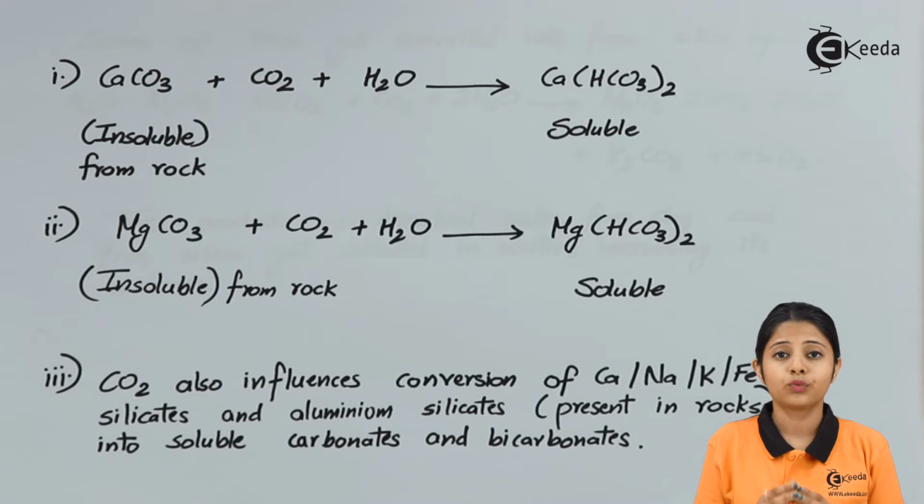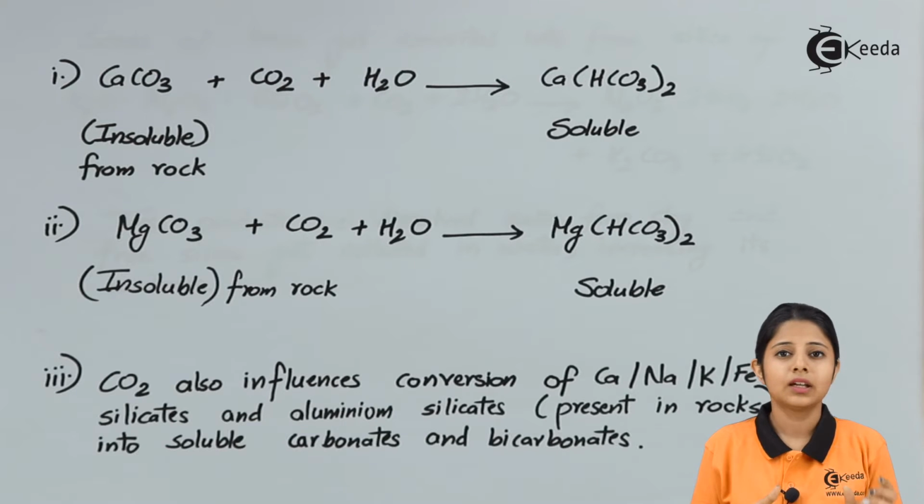But now, if the water contains CO2, a little amount of CO2 as well will pass through the rocks, and now the CaCO3 will get inside water, then that CaCO3 will start reacting with CO2 which was already present in water. And because of this reaction of CaCO3 and CO2, they form something which is soluble in water. Now this soluble impurity will increase the hardness of the water, or it will contribute to the hardness of water.